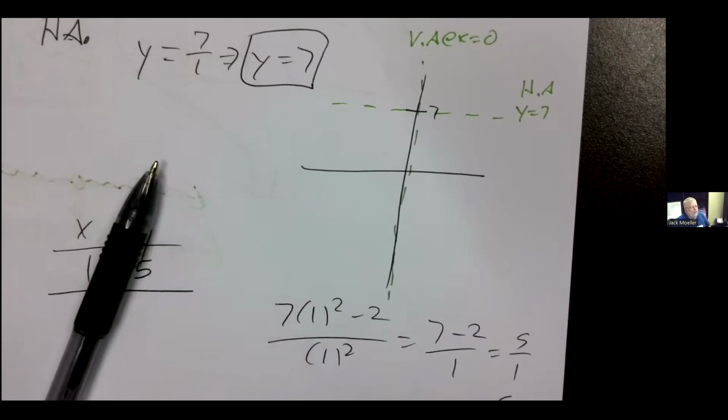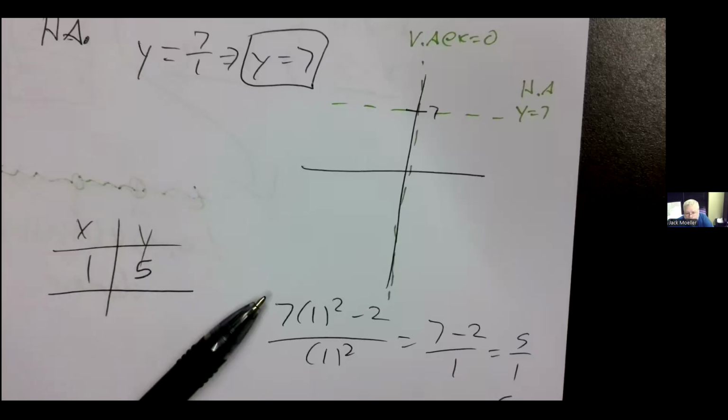And so now, since we're matching, let's go back to the choices. We said it either had to be A or C because of the horizontal asymptote. But if we want (1, 5), where is (1, 5)? Well, these are counting by 2s, so right there, and then we go up 5, still counting by 2s. So (1, 5) is about right there.